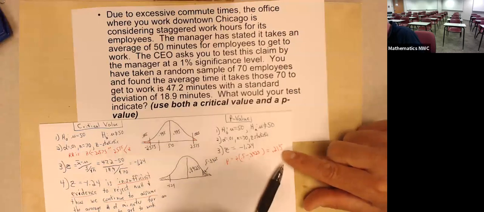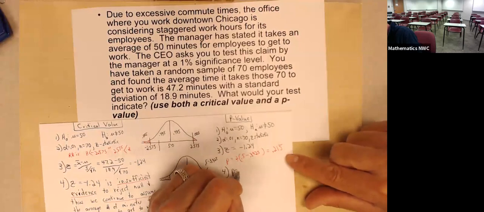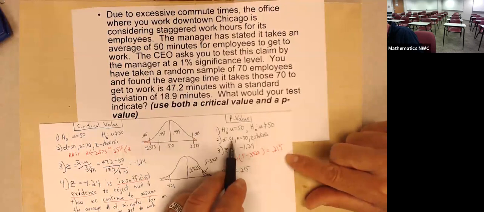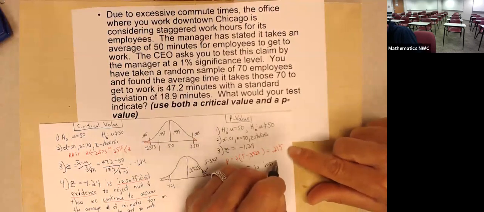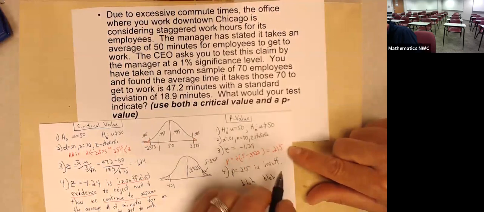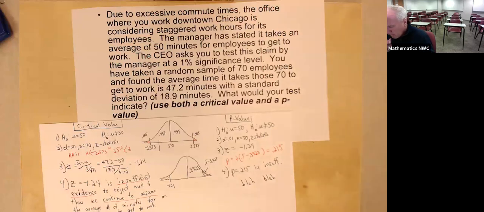So my step 4, p equal to 0.215, because it was not less than my alpha, it is insufficient evidence. Blah, blah, blah, which of course you would write out, but it would be the exact same statement as what I did there. All right?